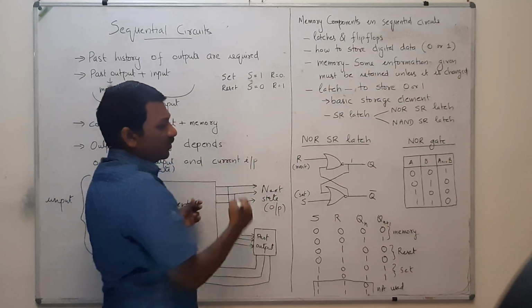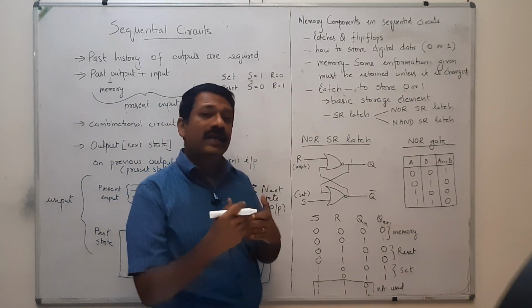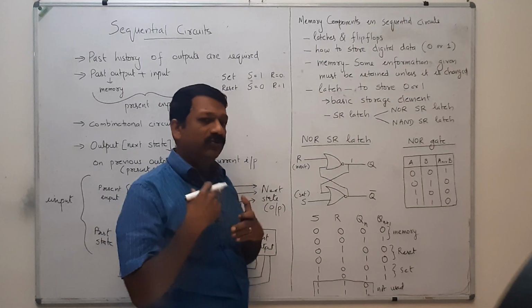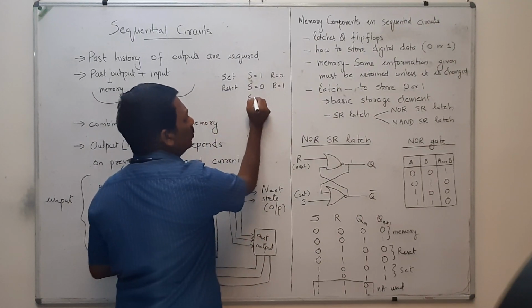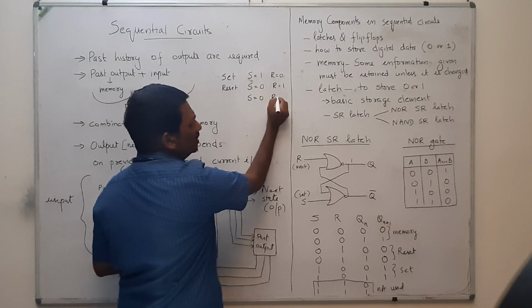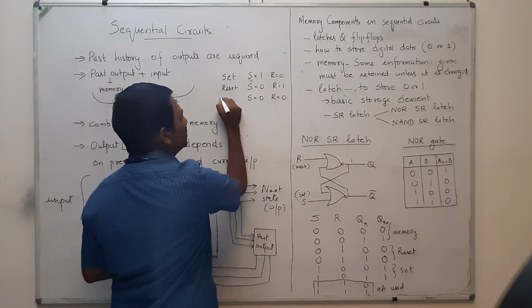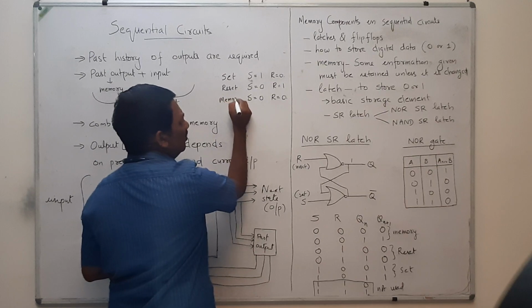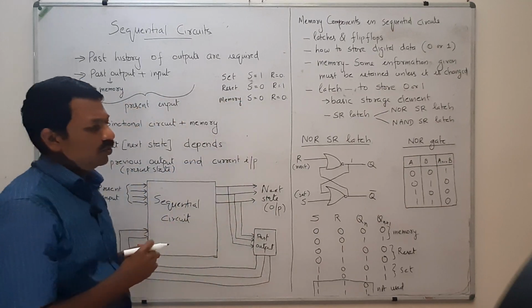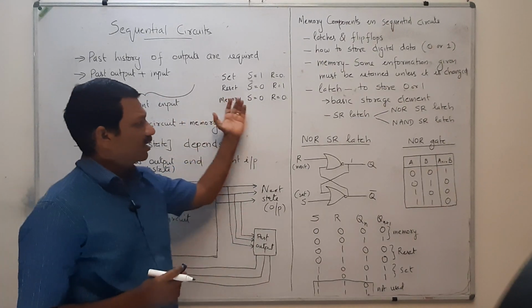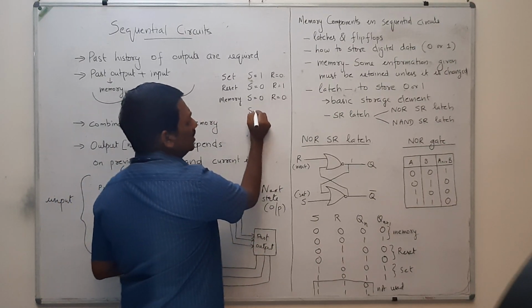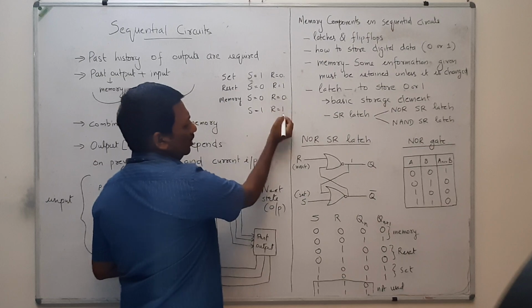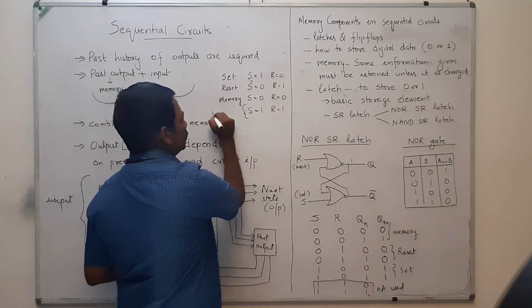If you have to retain your previous output, you are going to have S equal to 0 and R equal to 0. That is called a memory element, and I will explain how this works. In the case of the SR latch, S equal to 1 and R equal to 1 is not used.